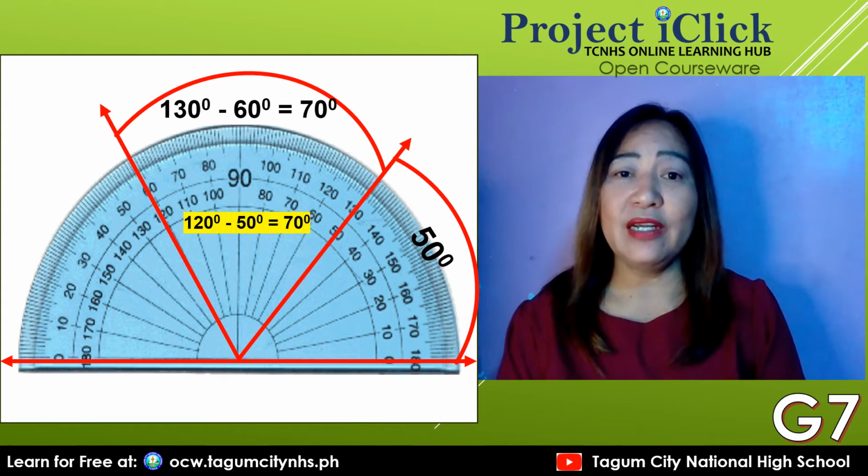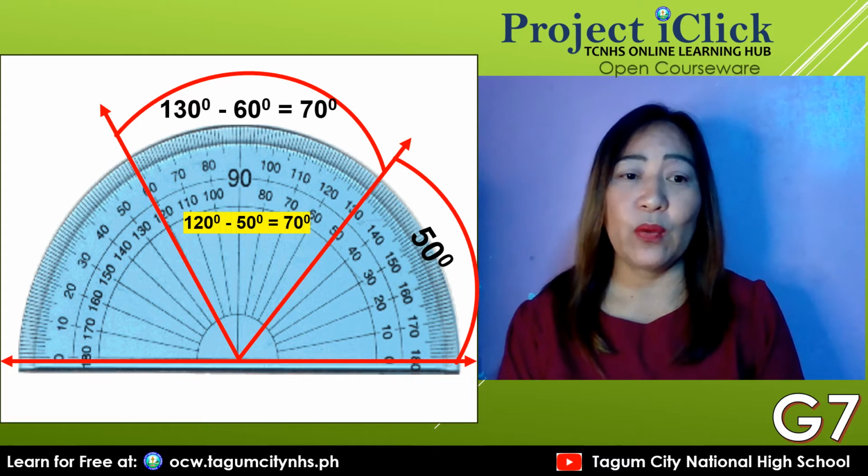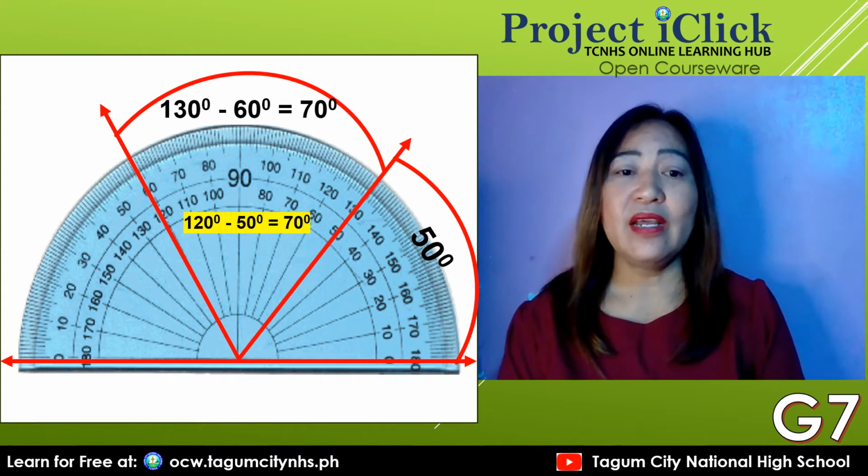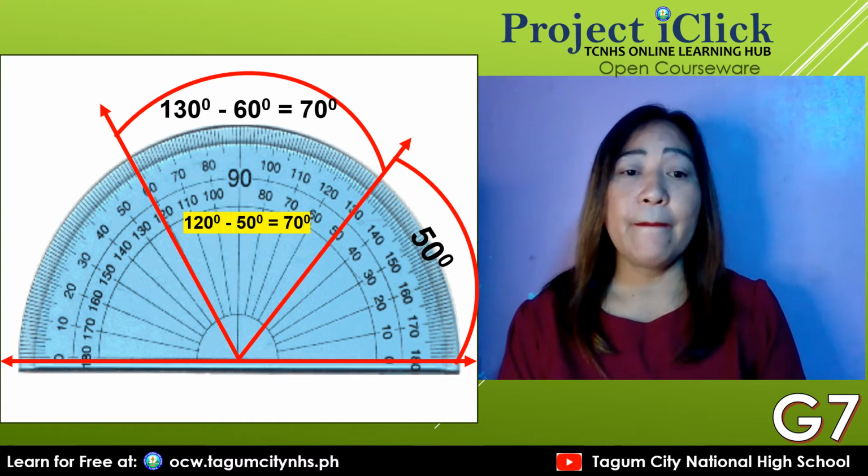The other leg is set on 120 and the other one is set on 50 degrees. So you subtract 120 degrees minus 50 degrees and that is 70 degrees. Either of the two sets of numbers that will be used, the measure is still the same.